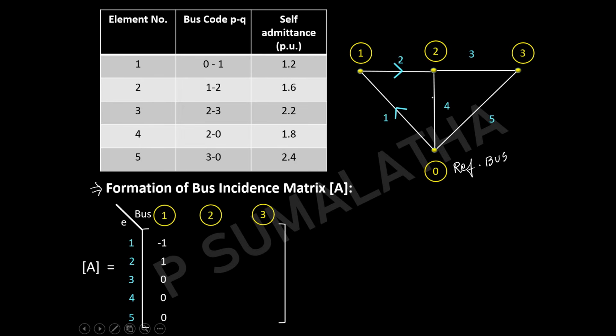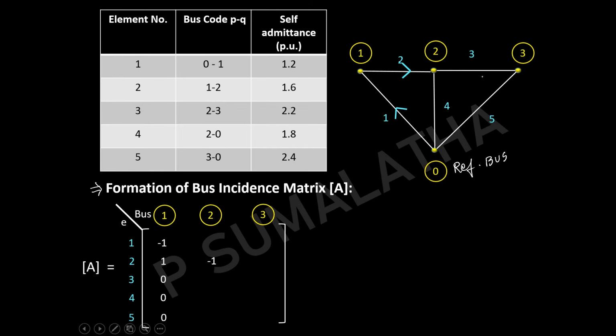Now look at the second bus. At the second bus we have elements 2, 3, 4 connected, so these elements will have nonzero values. To find out whether it is +1 or -1, let us check the directions. The second element is traveling towards the node, so it will have -1.